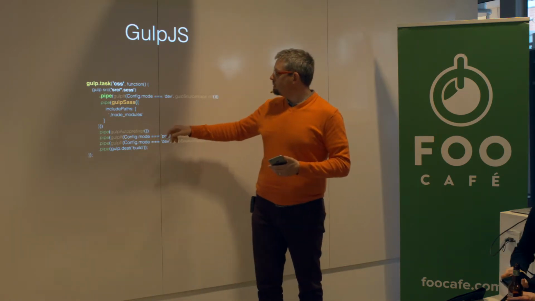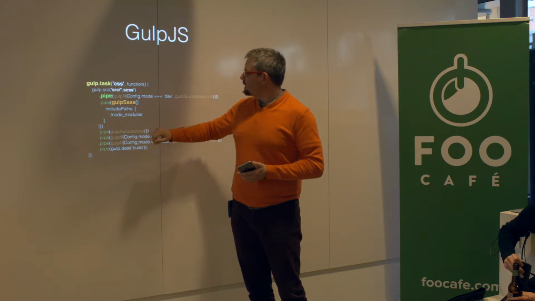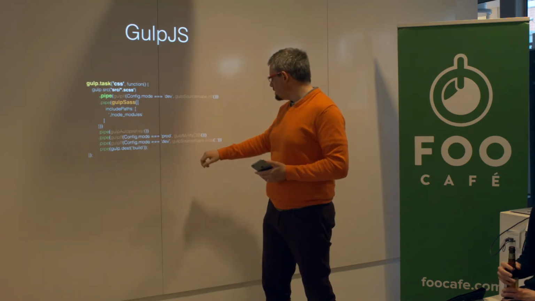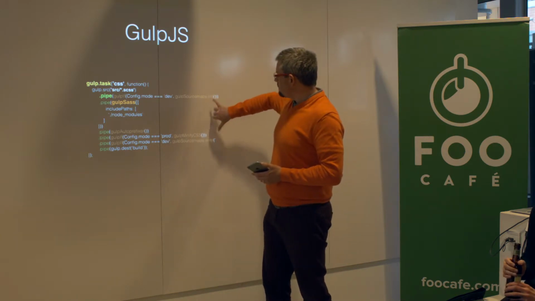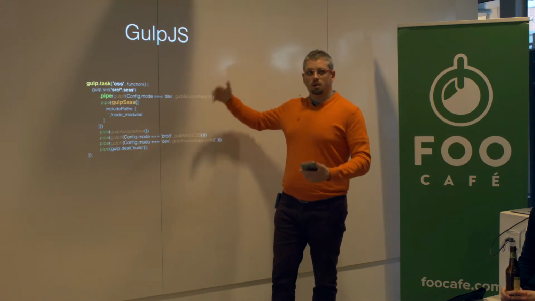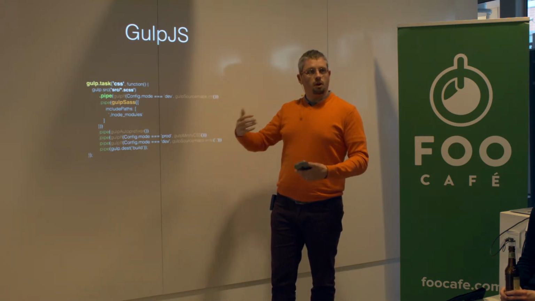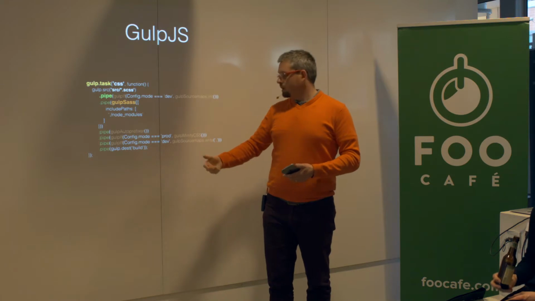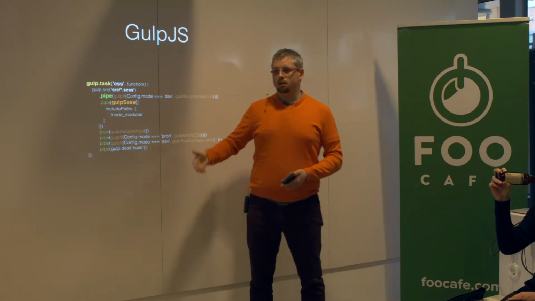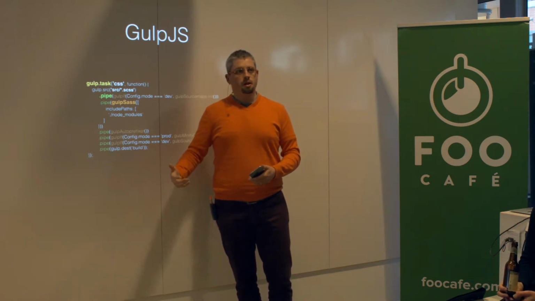So in this little example, I am compiling those files with Sass. I am minifying those files, and if I am in a development configuration, I wrap this with a source map plugin that will create a source map for me. So it's just a different way to describe the automation that you want to obtain.